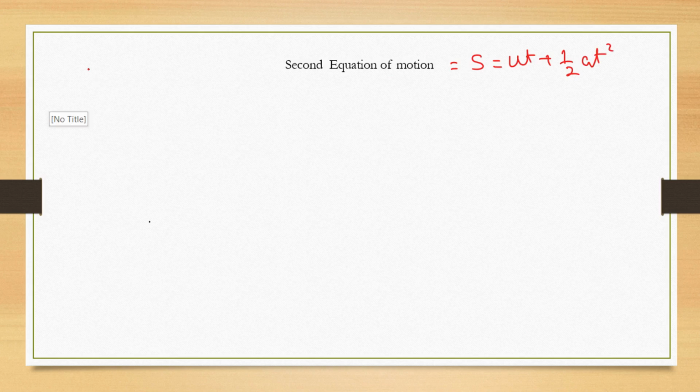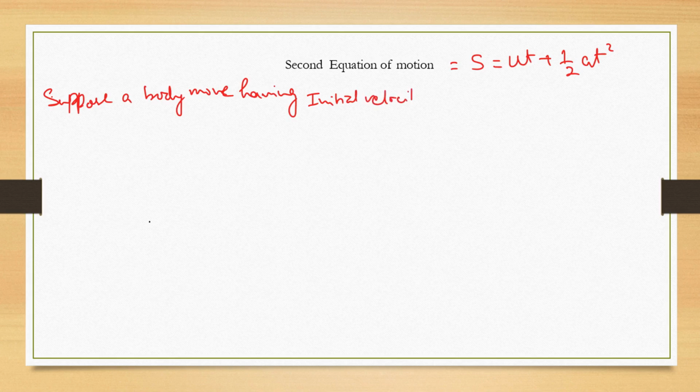Suppose a body moves in motion, having initial velocity u, final velocity v, time taken to attain this speed is t, and the distance covered by it is s.